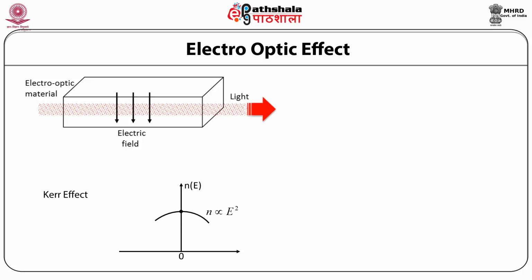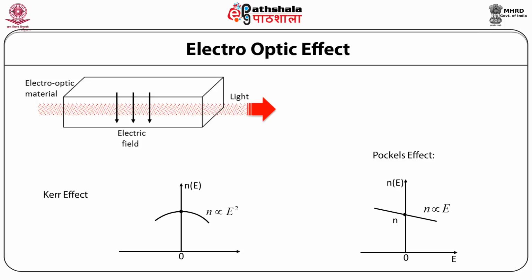First is the Pockels effect. Here, the refractive index changes in proportion to the applied electric field, in which case the effect is known as the linear electro-optic effect or the Pockels effect.